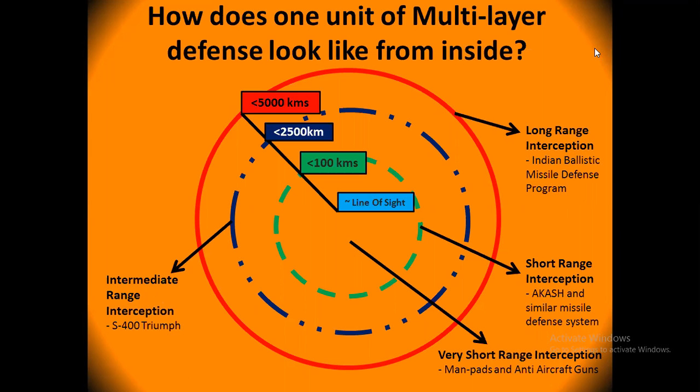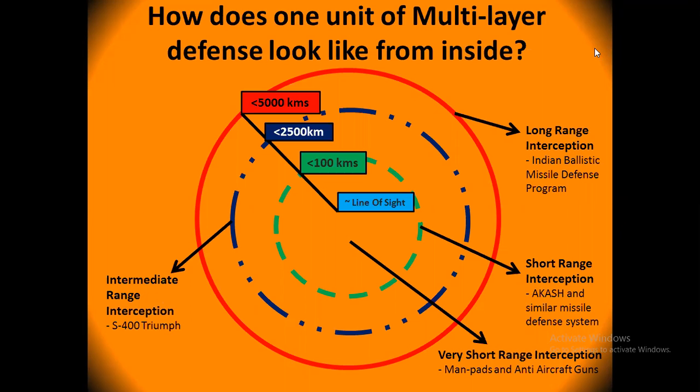These are used if a missile is launched from around 2,500 kilometers from the target. Next come the short range missiles, such as Akash, and similar kinds of defense missiles.